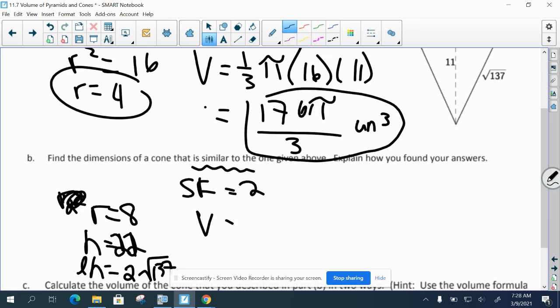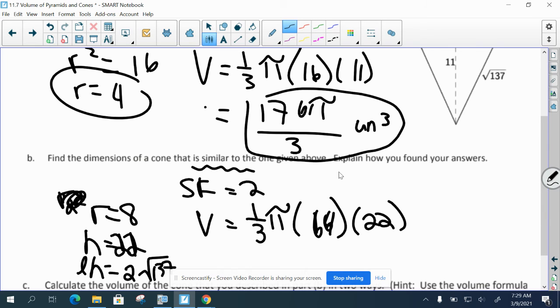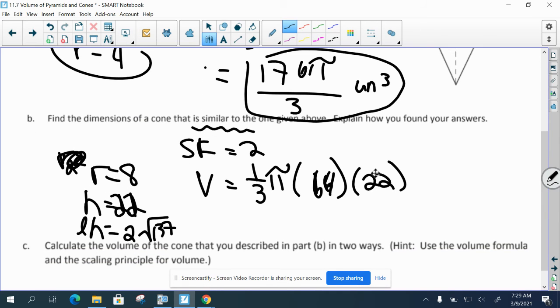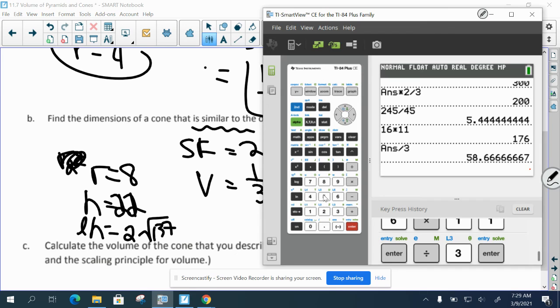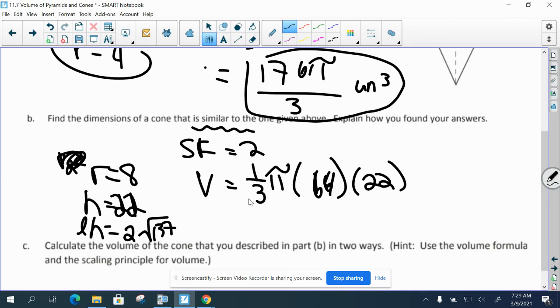So volume would then be 1/3 times pi times 8 squared, which is 64, and then times the height, which is 22. So 64 times 22. Oh, well, that just asks for the dimensions.